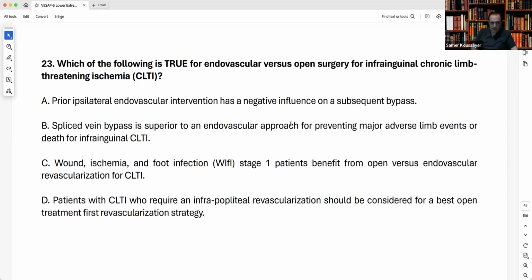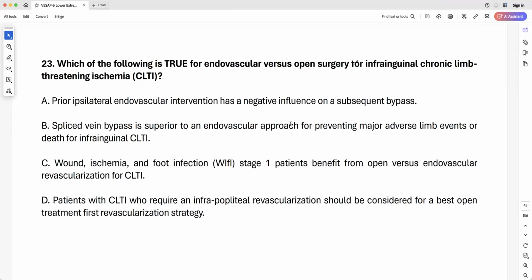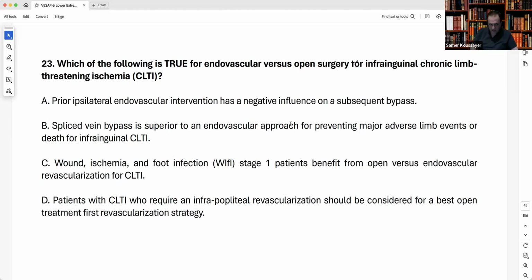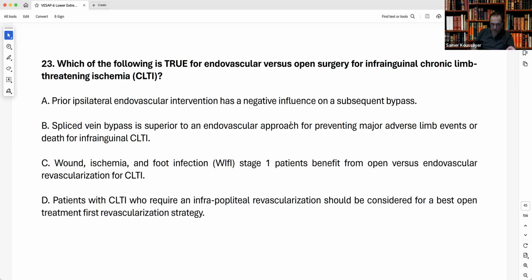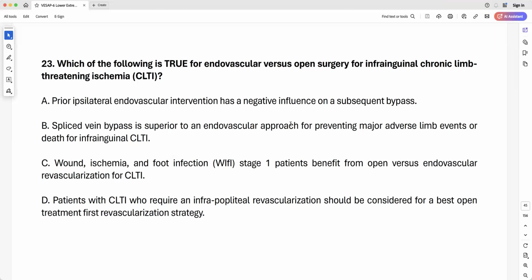No, it didn't tell you saphenous vein. They mentioned it here. No, Basel 2, yes. It doesn't go with BEST-CLI. Right. But you can say that BEST-OPEN talks about BEST-CLI, right? Yes. Because BEST-CLI is not about saying open should be first. Basel 2 said endovascular first. So here it talks about BEST-OPEN.